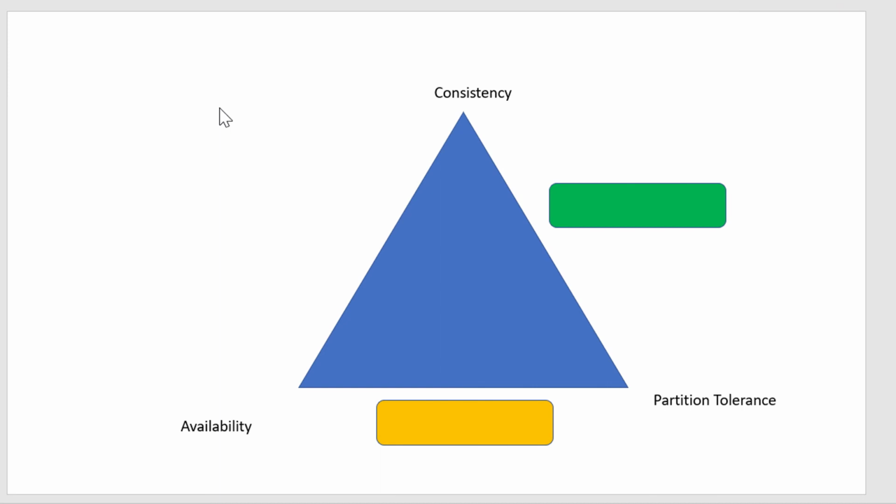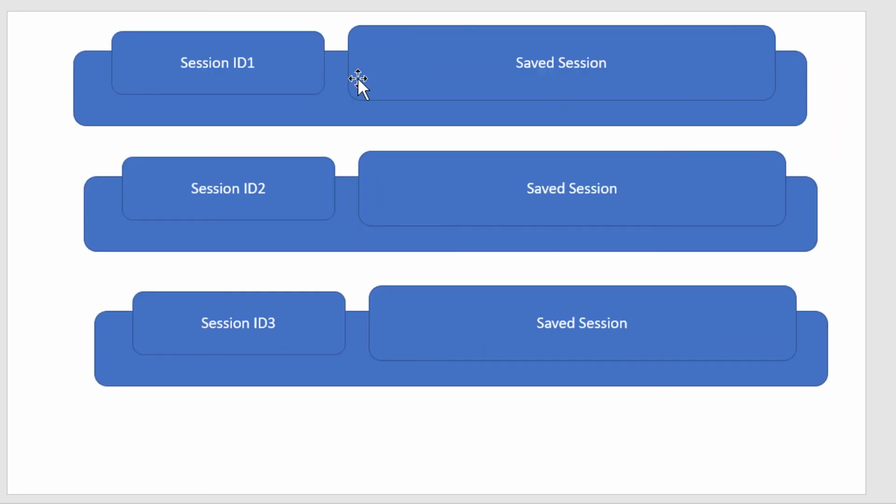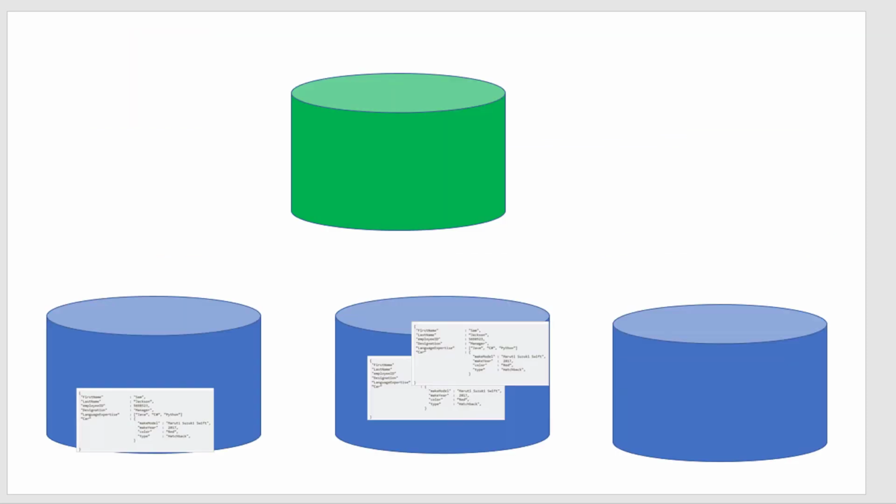Based on what is more required, either consistency or availability, I will choose the database for that specific business need. So in summary, a key value based database stores every record as a key and value. And a document based database stores every record as a JSON document that gets distributed across different systems. We have seen two different types of databases, key value store database and document database, in this lecture.